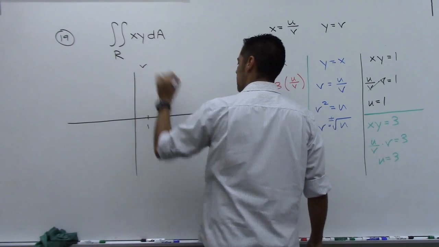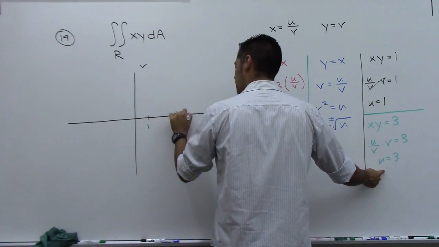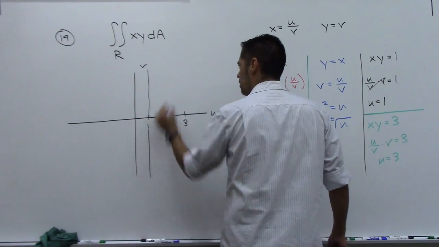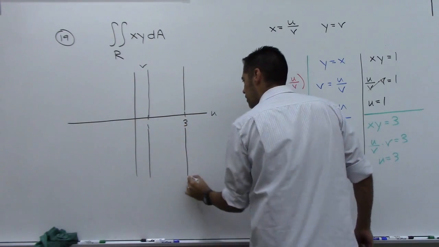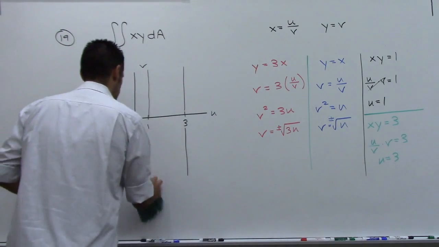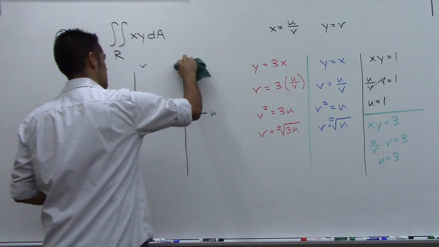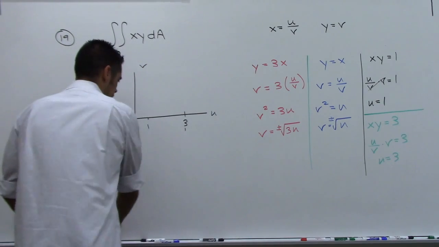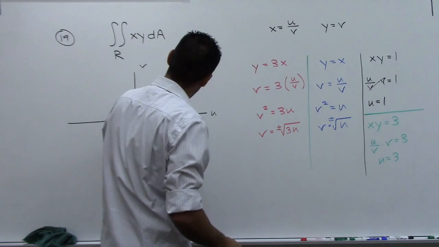This is u and this is v. U is 3. So that means these are vertical lines. This. Well, you know what? I may as well use the colors. I have them, and I've got some time right now. So, okay. So the green one turns into this.